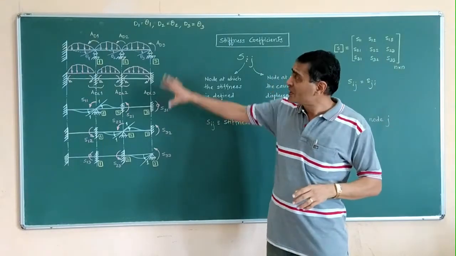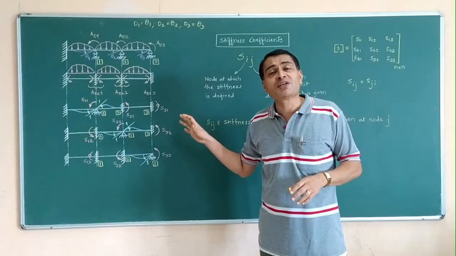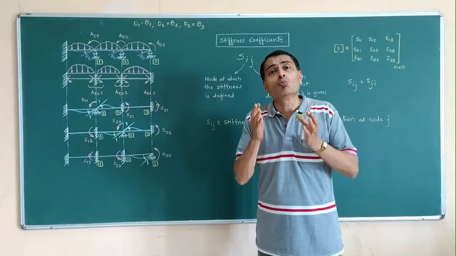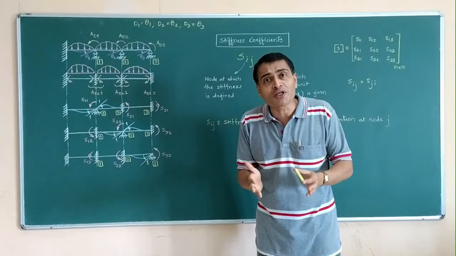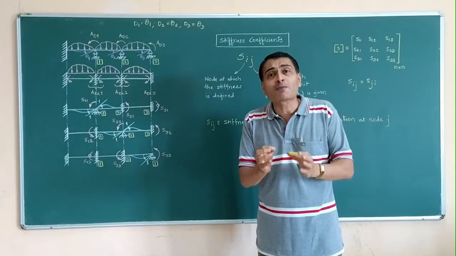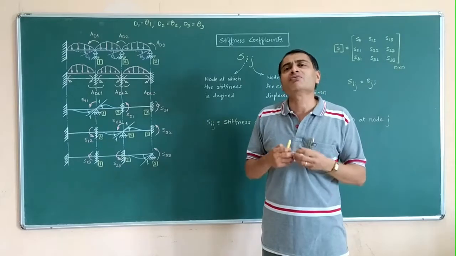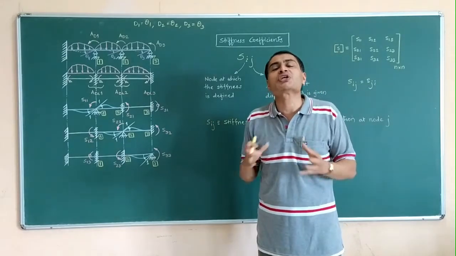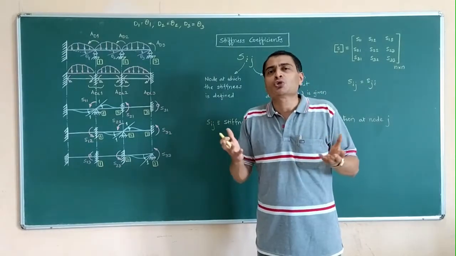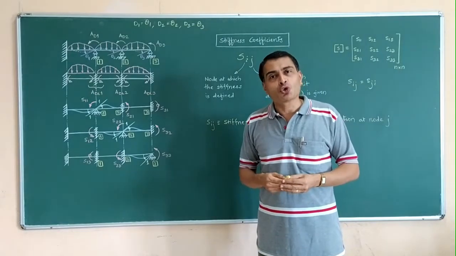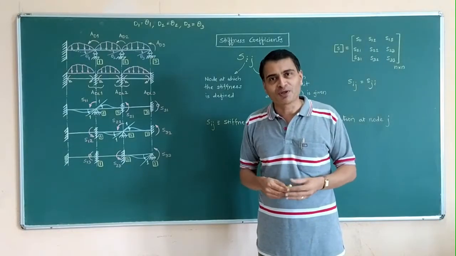But otherwise, this method is, as we discussed in the introduction also, most suitable for computer coding. It is the most systematic approach, and computers can of course handle a very large order of equations, very large matrices, no issues at all. So let's see one numerical example.